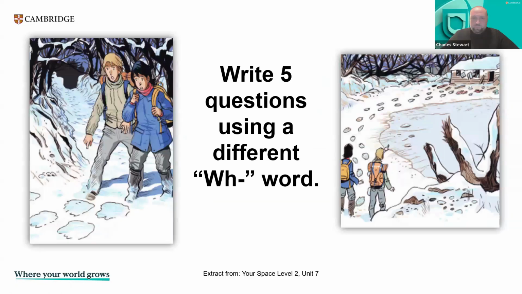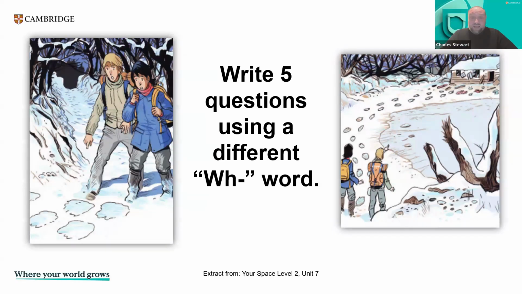So what I would like for you to do, in the chat, I would like for you to write questions that you have. These are the pictures from the story. Write some questions using a different WH word. So, for example, who are they?